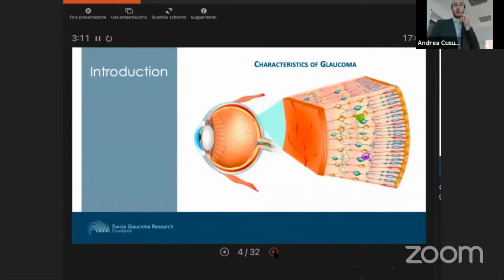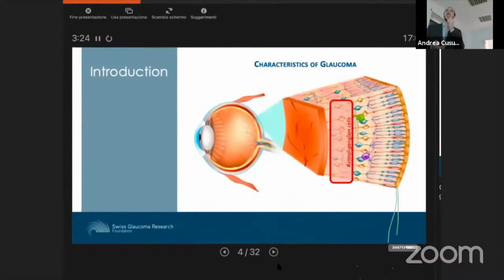So it is a disease of the ganglion cell that you can see circled in red here. These cells extend with their axons through the optic nerve to bring the information that you see to your brain and allow you to see it properly.